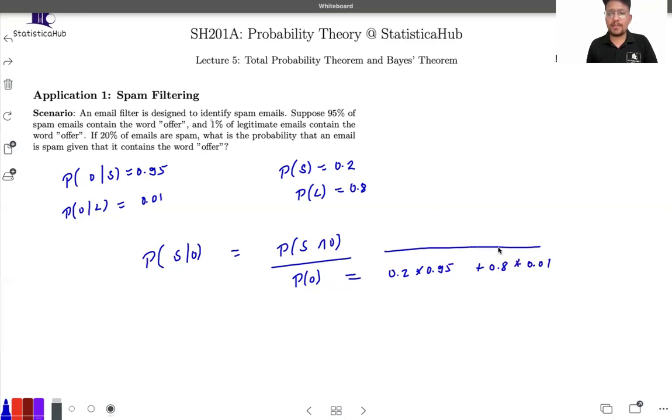And the numerator, spam and offer, is just the multiplication of these two parts, 0.2 into 0.95. Simple concept. You can just apply this and calculate the final probability. I'm not solving it further, you can complete the calculation part.